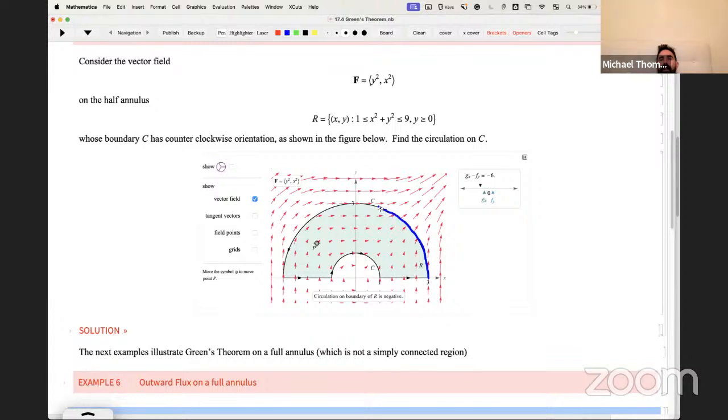Lots of negative contribution here, even more negative contribution. Now, as we walk along this edge, what's happening there? No contribution. And now I'm going to keep walking along.